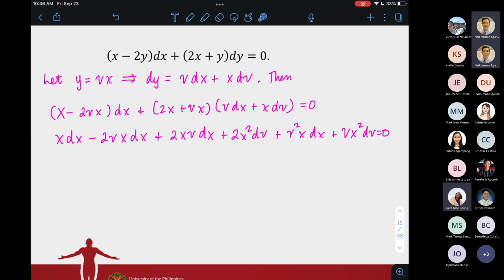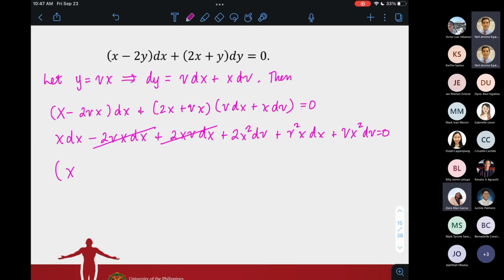Alright? Tapos ngayon, i-collect natin lahat ng may mga dx at collect lahat ng may mga dv. So una, lahat muna ng may mga dx. So this guy has a dx, pa-factor ko si dx, matitira ay x. Luckily, this one will be canceled by that one. So nabawa yung dalawang terms. Tapos susunod na may dx ay ito.